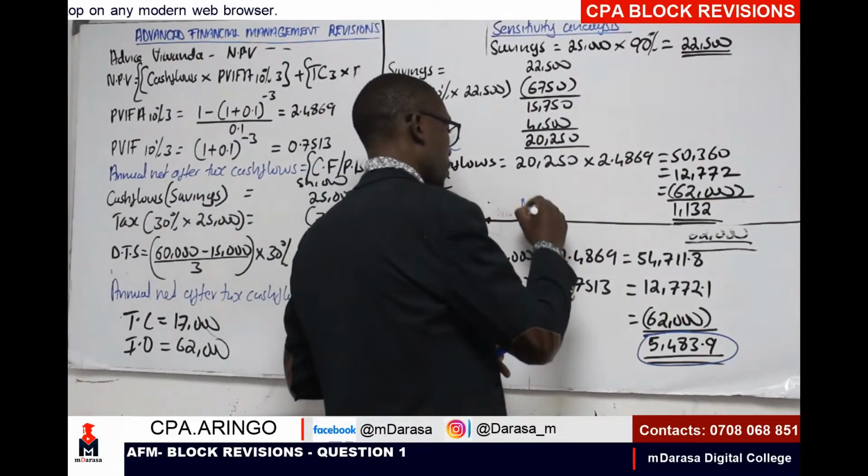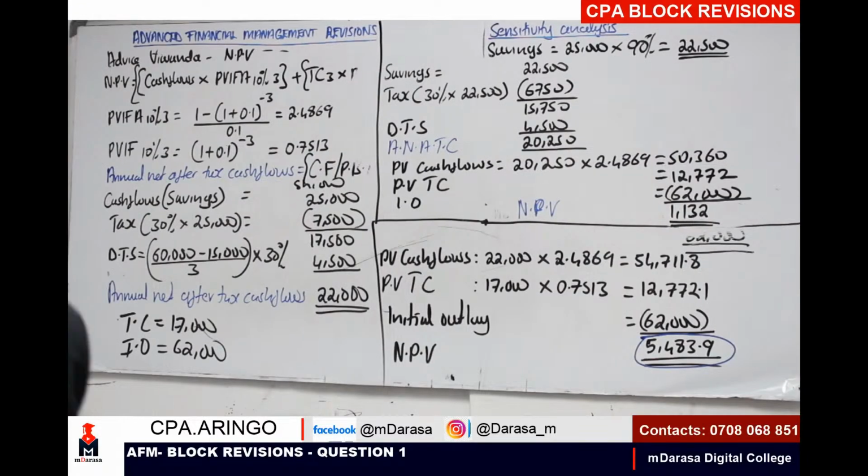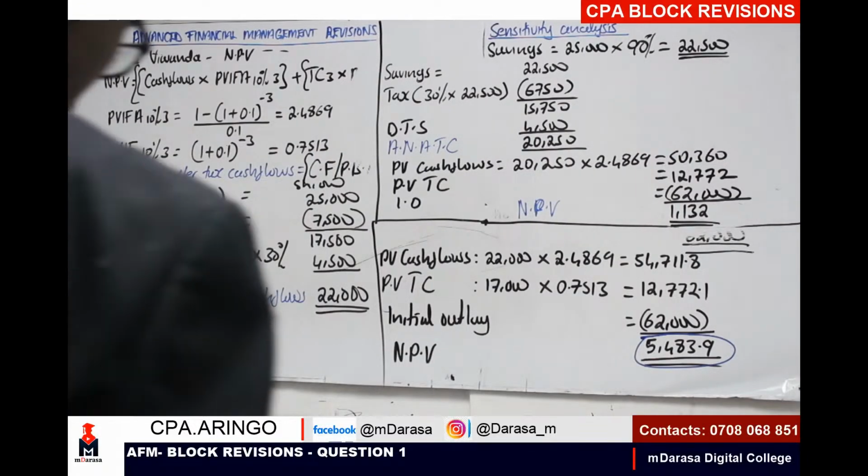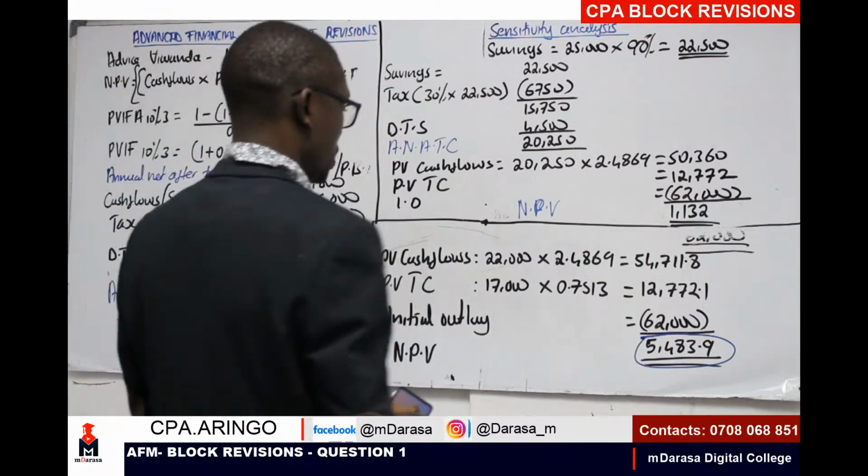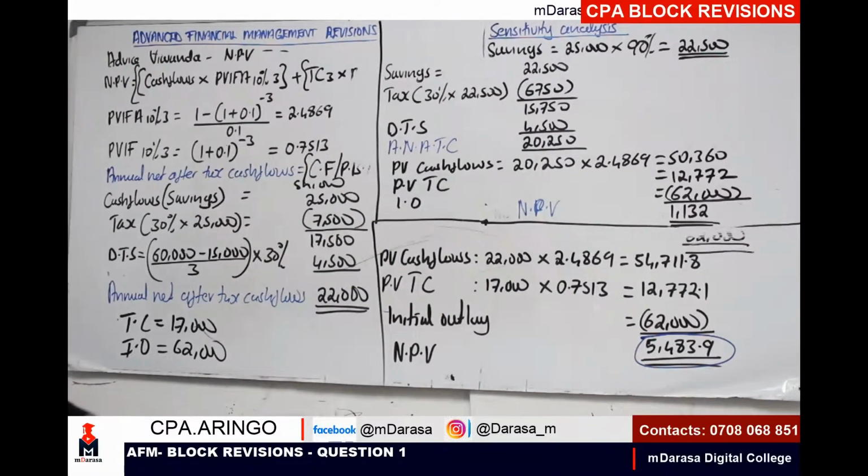So how will you advise the company based on whatever you're having there? We can see that it has a negative impact, a completely negative impact. So these are what we should go ahead and advise this company after we have conducted our sensitivity analysis.